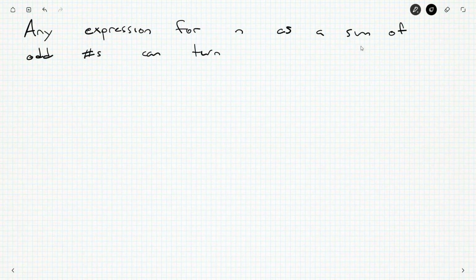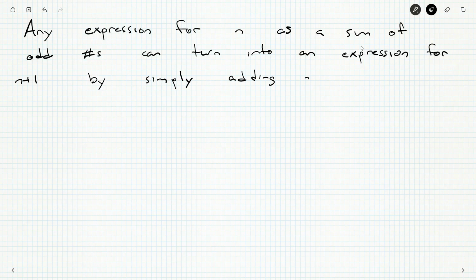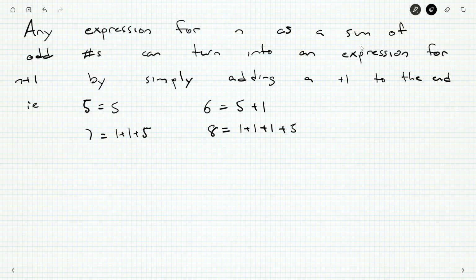So any expression for n as a sum of odd numbers can turn into an expression for n plus 1 by simply adding a plus 1 to the end, i.e. 5 equals 5, 6 equals 5 plus 1, 7 equals 1 plus 1 plus 5, 8 equals 1 plus 1 plus 1 plus 5.